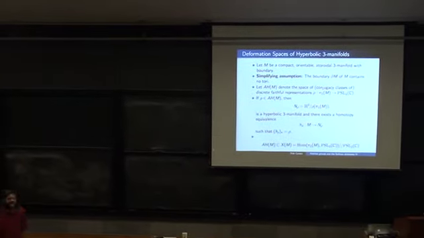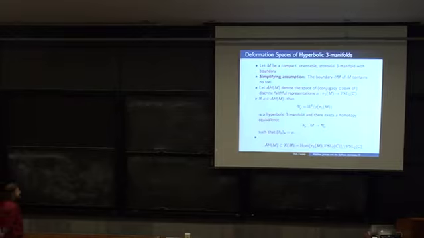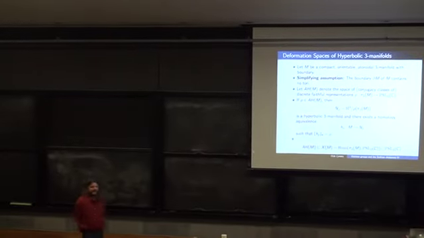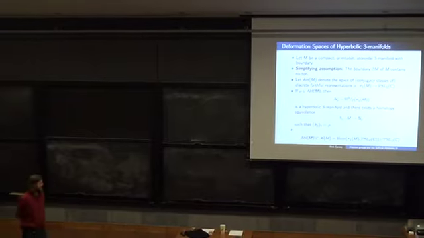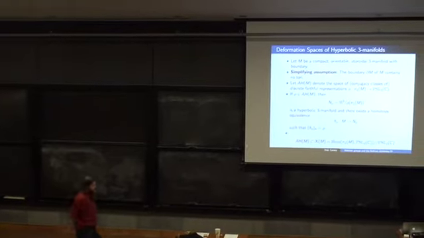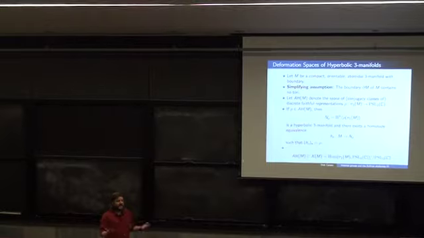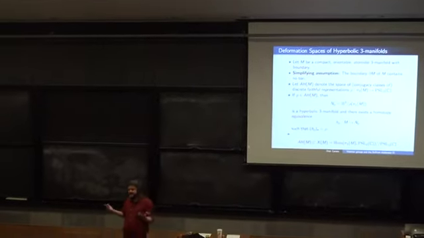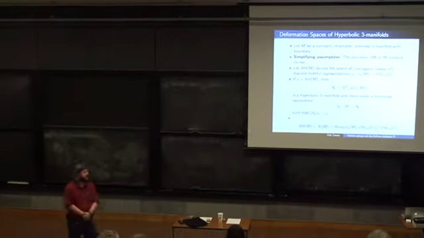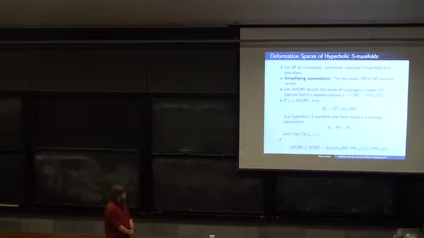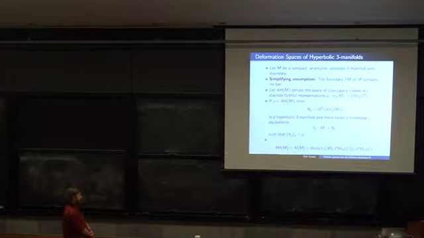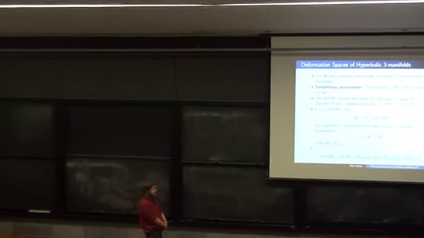So what is a discrete faithful representation? Well, it's really another way of saying a marked hyperbolic 3-manifold. You can think of this as just like Teichmüller space. The elements of Teichmüller space are marked hyperbolic surfaces, and if you want, you can think of them as representations into PSL2R. So when you have this representation, its image is a discrete subgroup of PSL2C, which you can think of as the orientation-preserving isometries of H3.